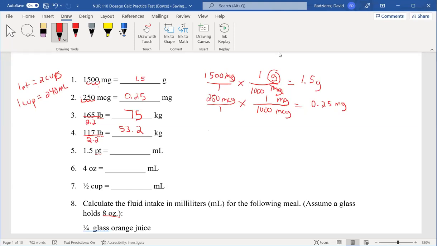So I'm going to take my 1.5 pints and multiply by the conversion factor we just discussed, because I can go directly from pints to milliliters. Well, we know that 1 pint is equal to 480 milliliters. Okay. So 480 times 1.5 will give you 720 milliliters.